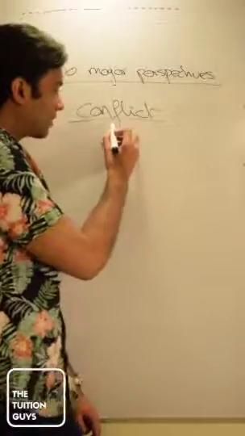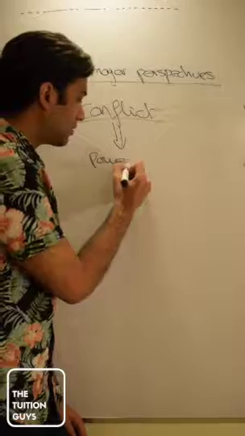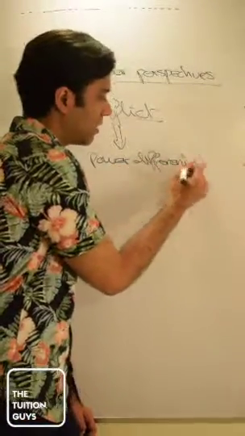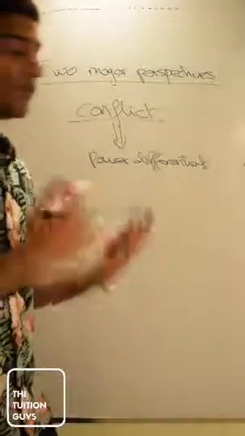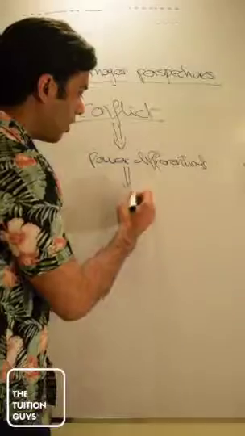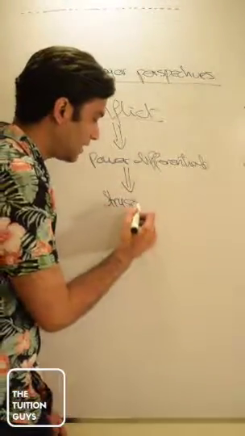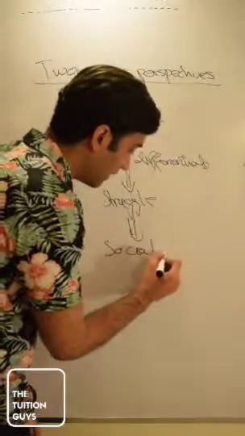In fact, the conflict view is all about how power differentials between different groups in society create social change. This power differential leads to a struggle, and this struggle leads to social change eventually.